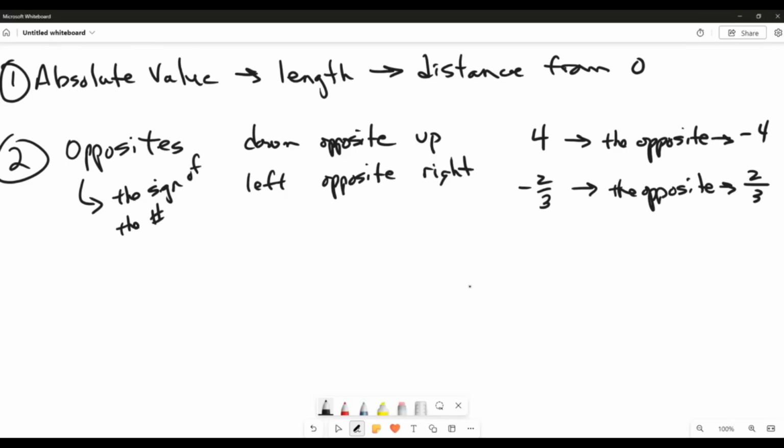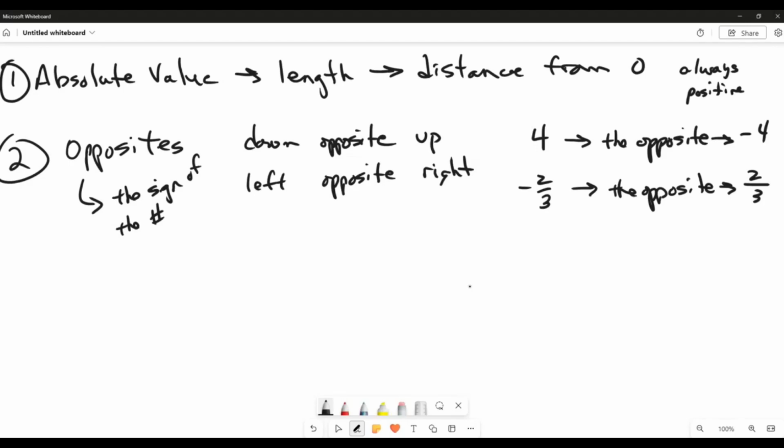So 2 different concepts, absolute value being length, and it is always positive. But opposites meaning one is positive, the other is negative. Those are opposites of each other.